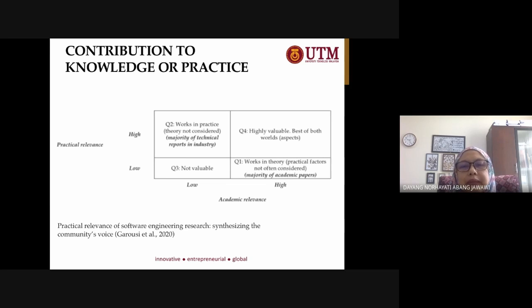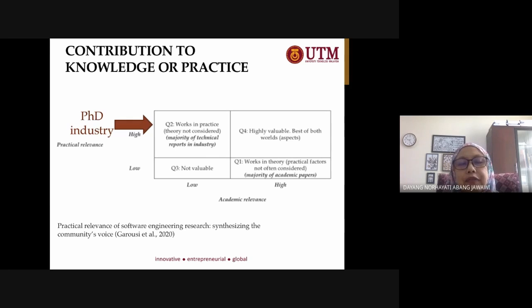Else, we are just like any computer science student, who only applies without looking into how a software engineer will actually use the theory or the model that we propose in their practical discipline. Okay, so don't focus on quadrant 3. Quadrant 3 is low in practical, low in academics. Definitely no thesis and no contribution can be made in that quadrant.